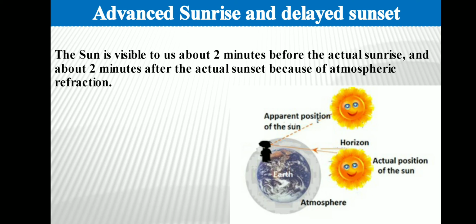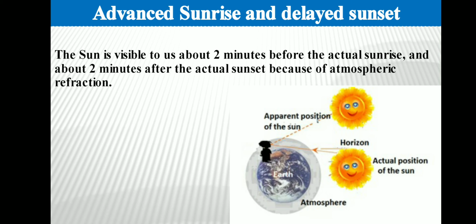That means if the sunrise time is 6 o'clock, you can see the sun 2 minutes before, that is 5:58 a.m. And it is visible about 2 minutes after the actual sunset because of atmospheric refraction. That means if the sunset time is 7 p.m., we can see the sun until 7:02 p.m. That is a 2 minute delay of sunset and a 2 minute advance of sunrise.